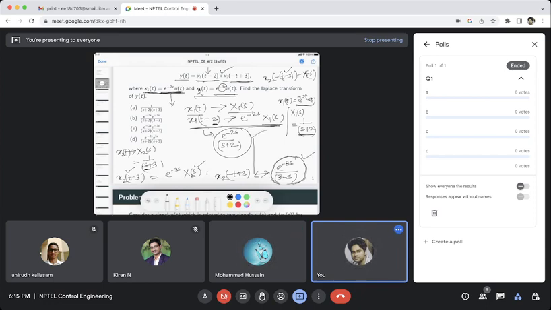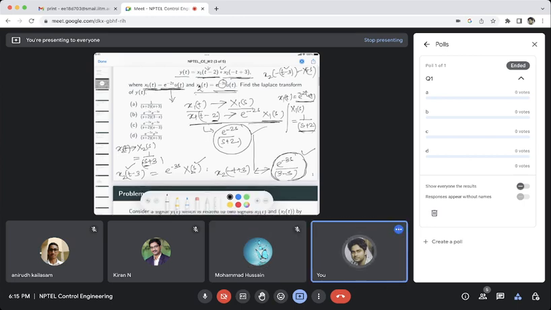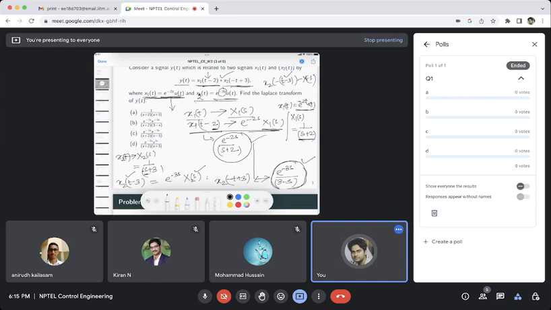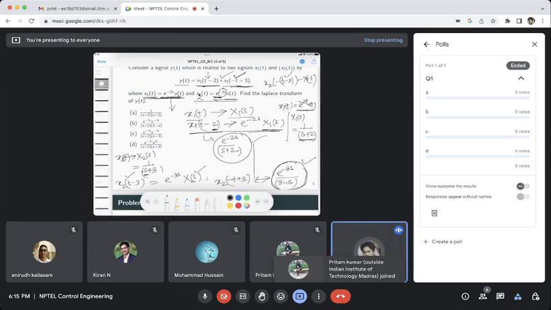Sir, in the last step, the exponent of minus 3s will be 3s. Okay, let me explain. This sequence is just: first you transform this, the time shifting, then you apply the e to the power minus t. Understand that? Yes, sir. So the minus 3s will not change.